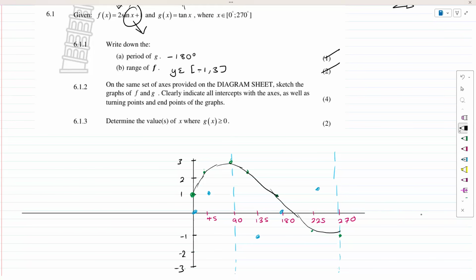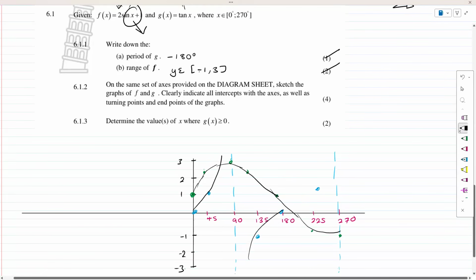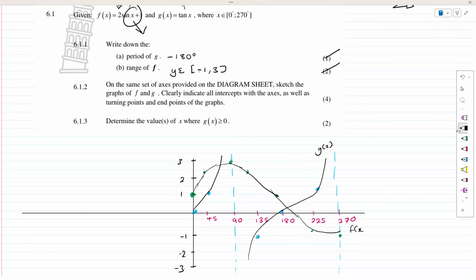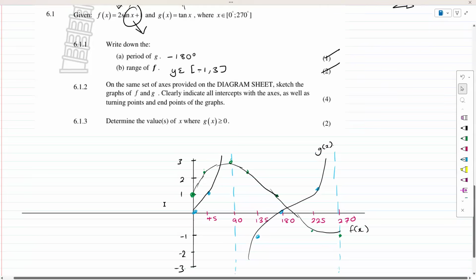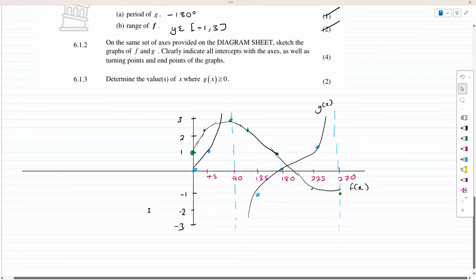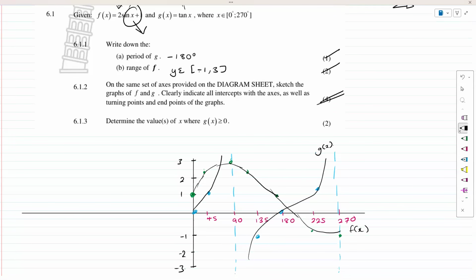And my graph generally should look like that and should look like that. I'm not going to label it because you guys should know which is the tan and the sin graph, but okay, let me label it just in case I have some faulty students. But generally, please use a pen, pencil, use a ruler and deal with it. But this is not level 4. That's 3 marks. Determine the values of x for which g of x is greater than or equal to 0.